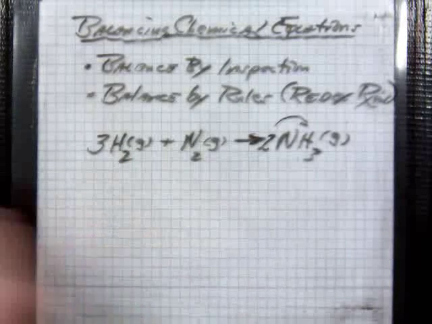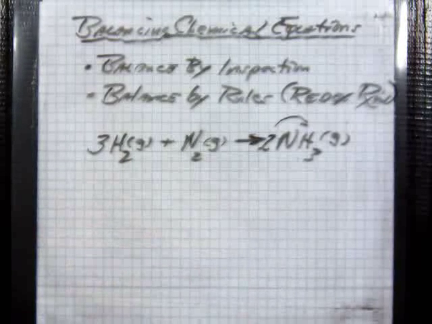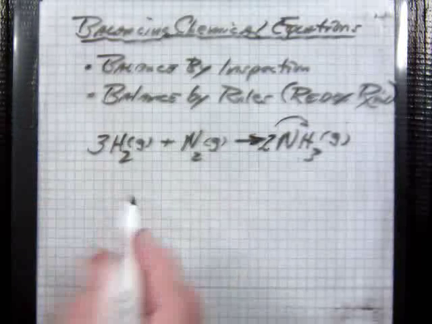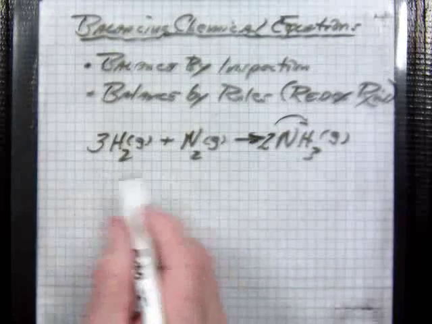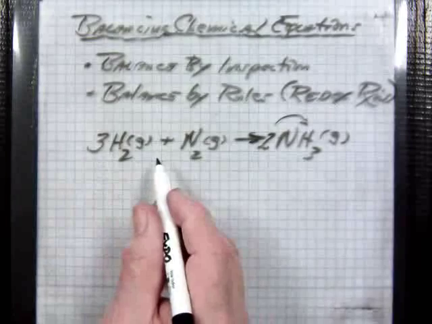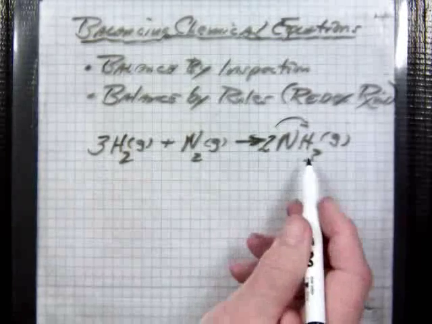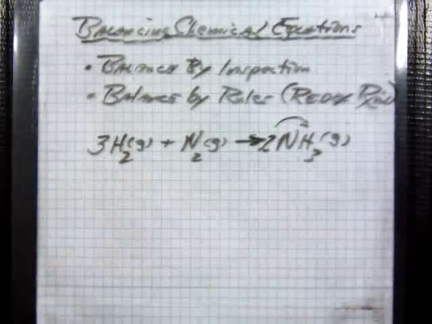Now, most of you know the idea of atomic weights, and to get molecular weight, you add up atomic weights. So we want to check the sum of the atomic weights on the reactant side must equal the sum of the atomic weights on the product side, just to illustrate the issue.